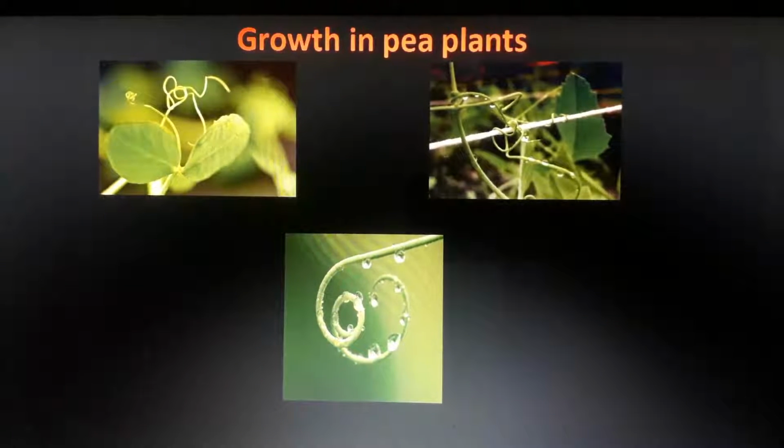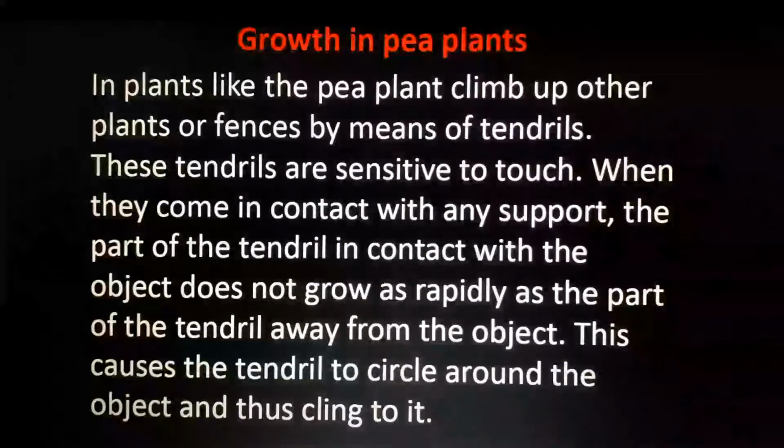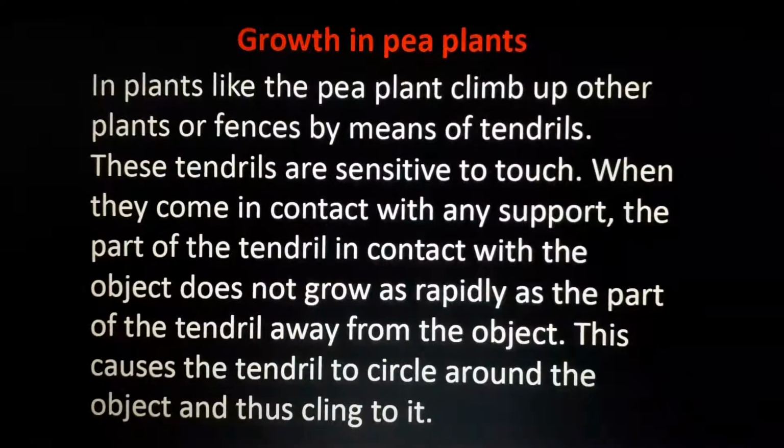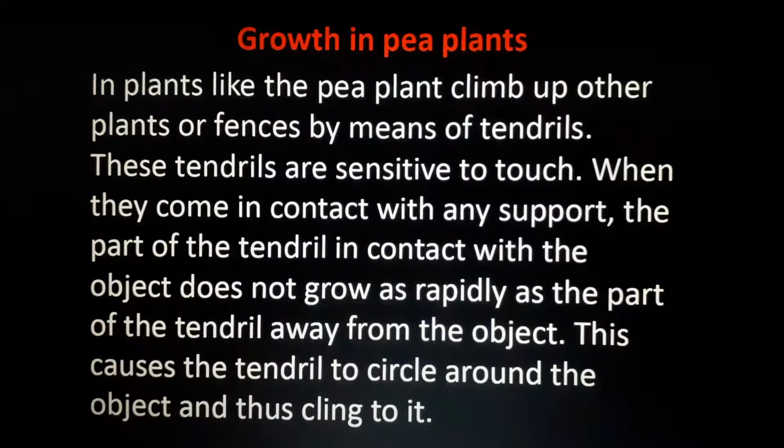This causes the tendril to circle around the object and cling to it. Cling means hold to a particular material. Maybe it is a string, a rope, a stick, a wire or fence, or other trees. That is the method of these plants.